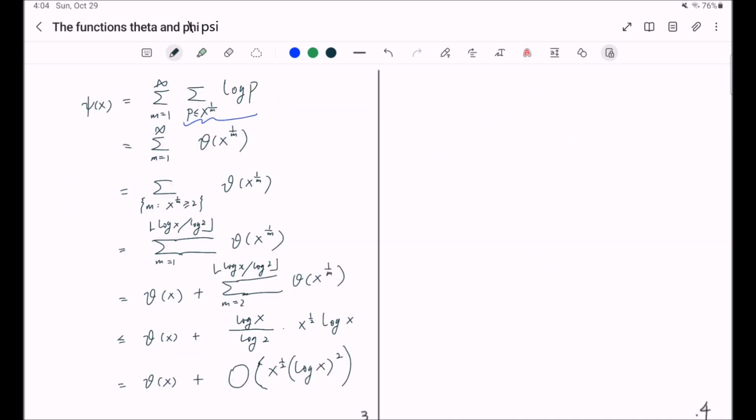And in particular, as a corollary to this theorem, psi of x is similar to x if and only if theta of x is similar to x.